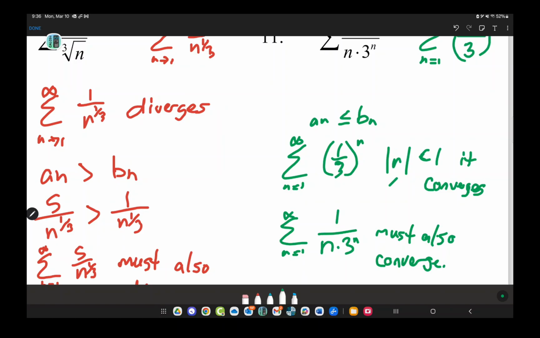Just 1 over n? What kind of function is that? And would that converge or diverge? Compared to the other one, would there be places where it would be less than it everywhere?